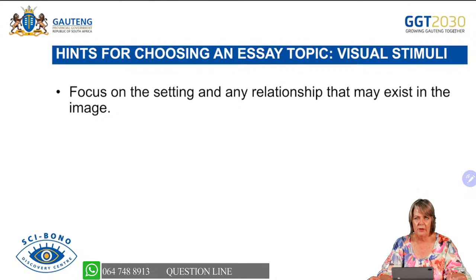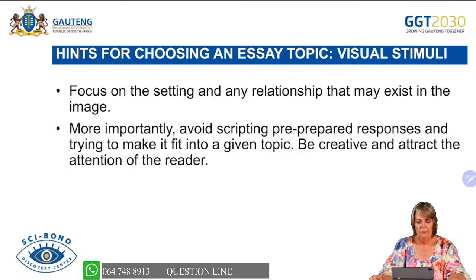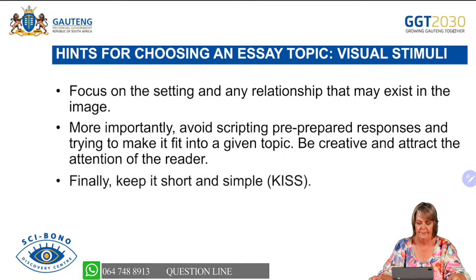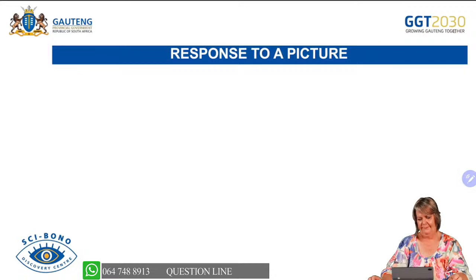How are they positioned? What is the setting of that specific picture? More importantly, avoid scripting pre-prepared responses and try to make it fit into your given topic. Be creative and attract the attention of the reader. Finally, keep it short and simple, or the KISS method.